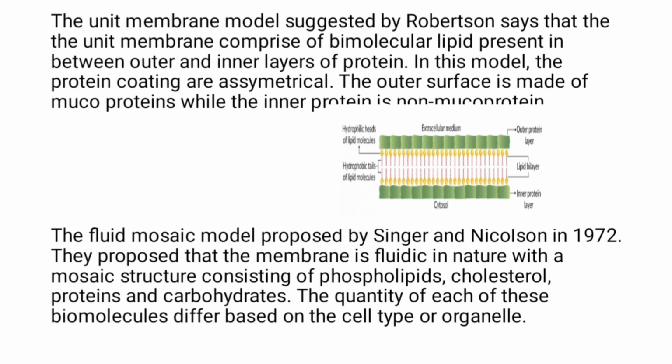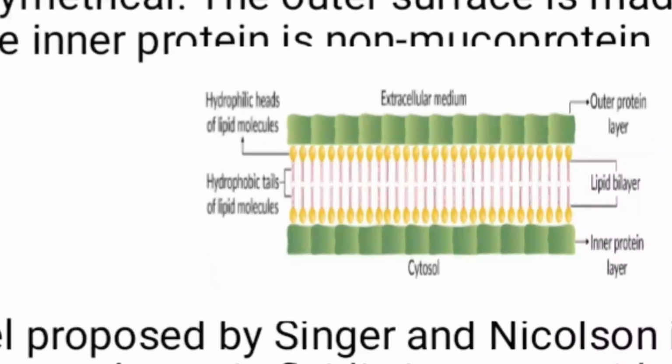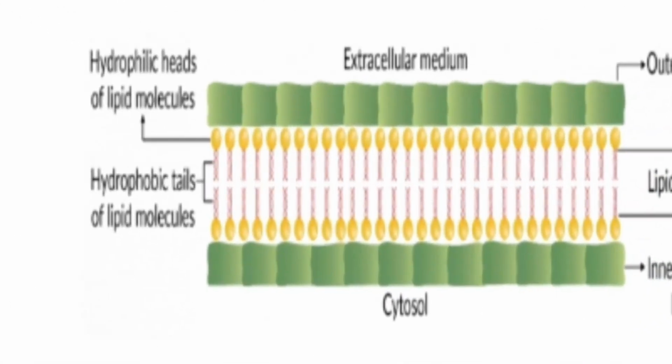In the unit membrane model, they are saying that the continuous layer of protein that surrounds the lipid bilayer is asymmetric. In other words, the content of the outer protein layer is different from the content of the inner protein layer. So you can see what they are saying here.